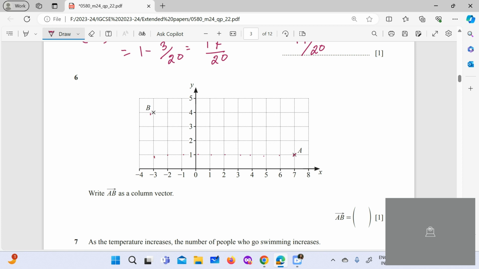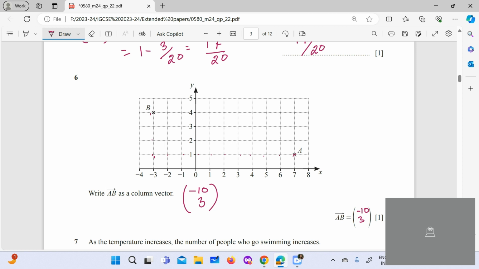So this has moved 10 places towards the left, so we will write this as minus 10 on the x-axis, and when it is going up, it will be positive 1, 2, 3, so it is positive 3.